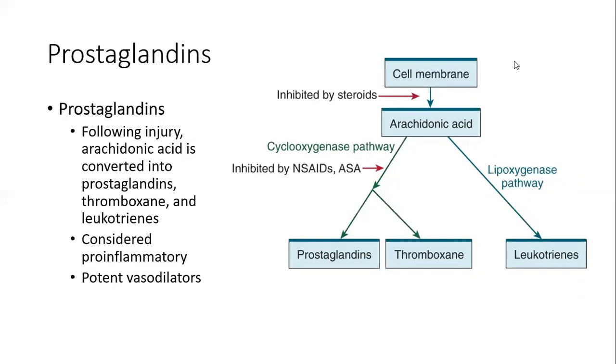So what happens is the cell membrane is disturbed, then arachidonic acid is released, and that triggers the COX pathway, which results in the release of prostaglandins and thromboxane, and also the lipoxygenase pathway, which results in leukotrienes.